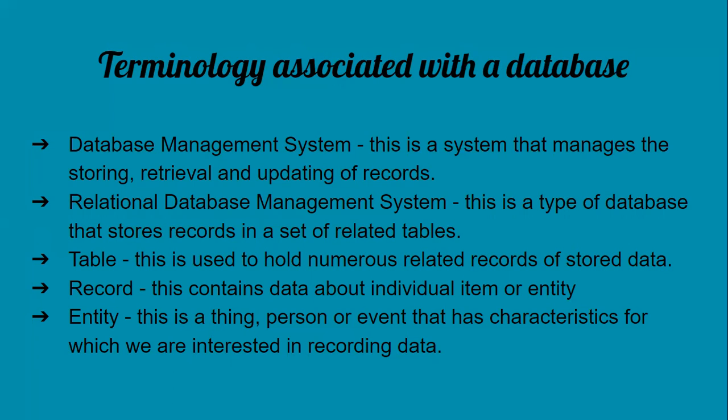An entity could be an object, such as a car, or persons employed in the same company. So in effect, an entity is an object about which information is stored. Now, the characteristics of an entity are referred to as attributes, and the attributes describe an entity.